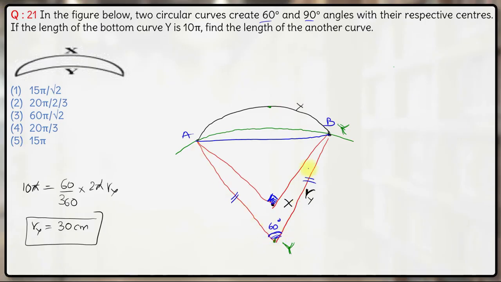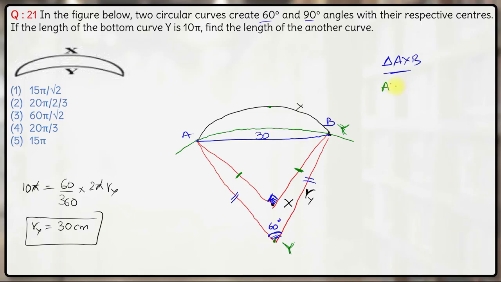So since this is an equilateral triangle, if this is 30, length of AB is also 30. Cool. Now if length of AB is 30, let's look at triangle AXB. In triangle AXB, it's a right angle triangle where this side here is equal to this side. So it's an isosceles right angle triangle.